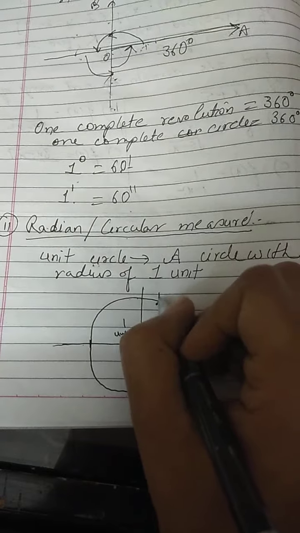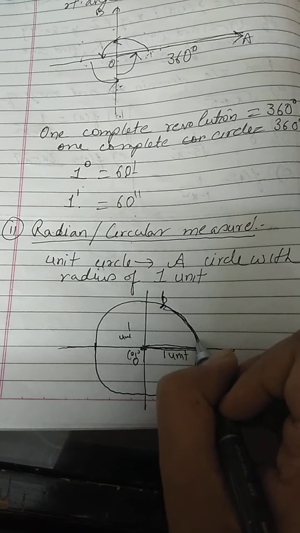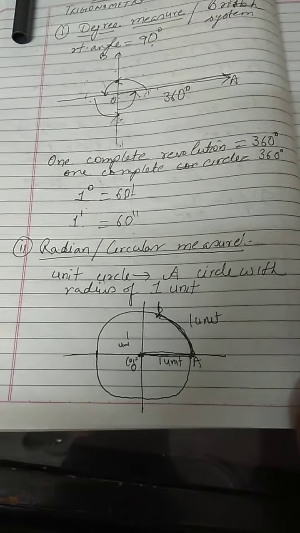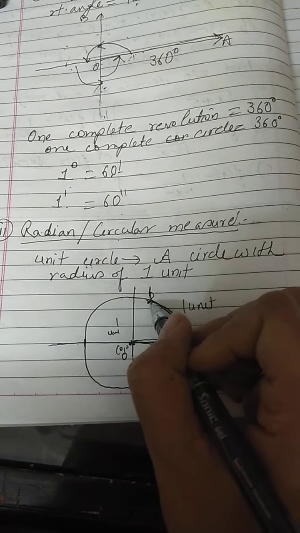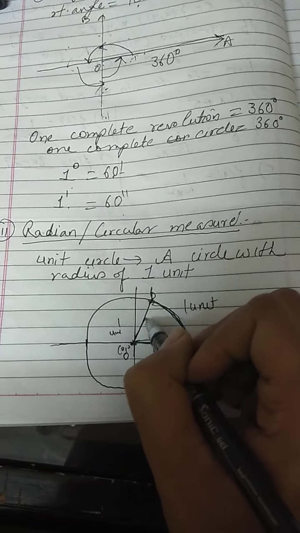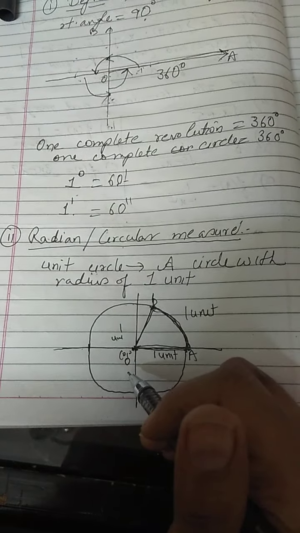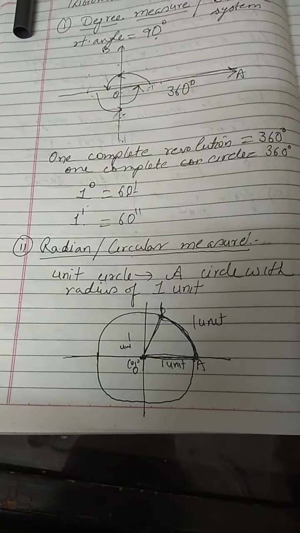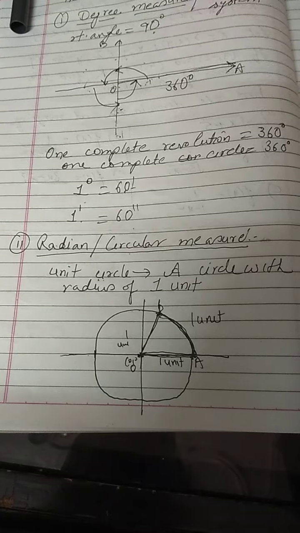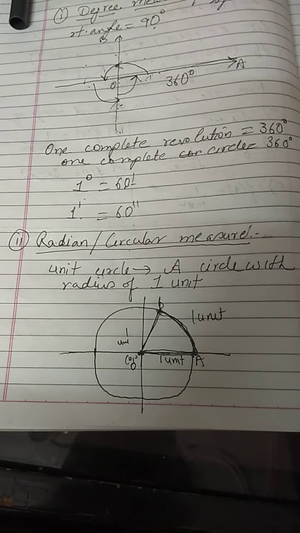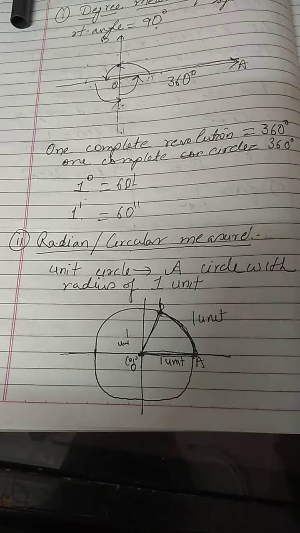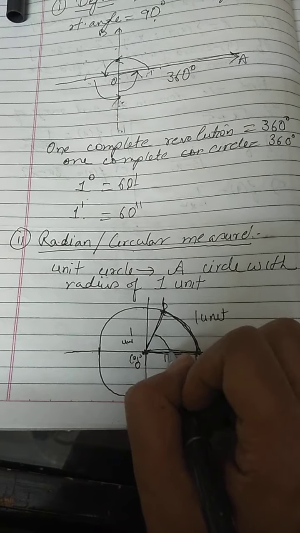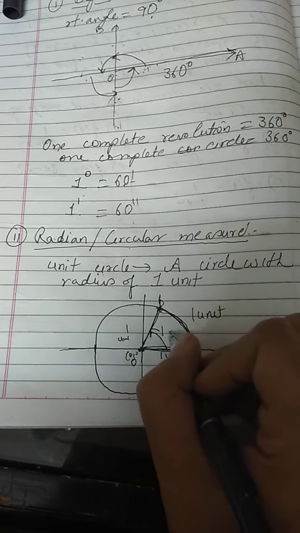So if this is A, this is B, and I take an arc of length 1 unit only, equal to the length of the radius, then the angle subtended by this arc at the center of the circle is 1 radian angle. I am repeating, the angle subtended at the center by an arc of length 1 unit in the unit circle is said to have a measure of 1 radian.